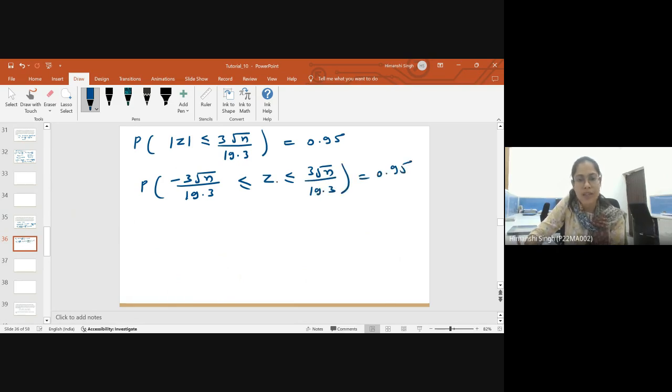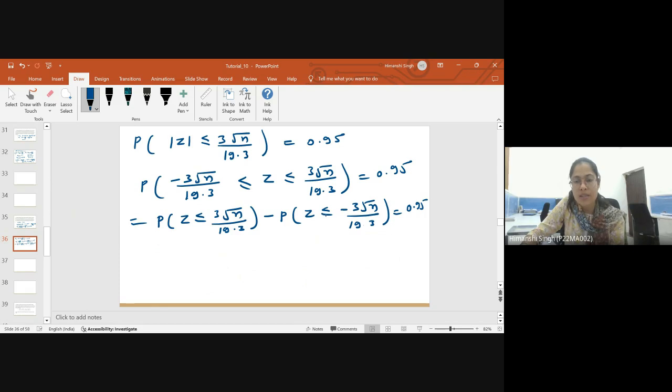Now this probability can be written as probability z less than or equal to 3 root n by 19.3 minus probability z less than or equal to minus 3 root n by 19.3, which equals 0.95.